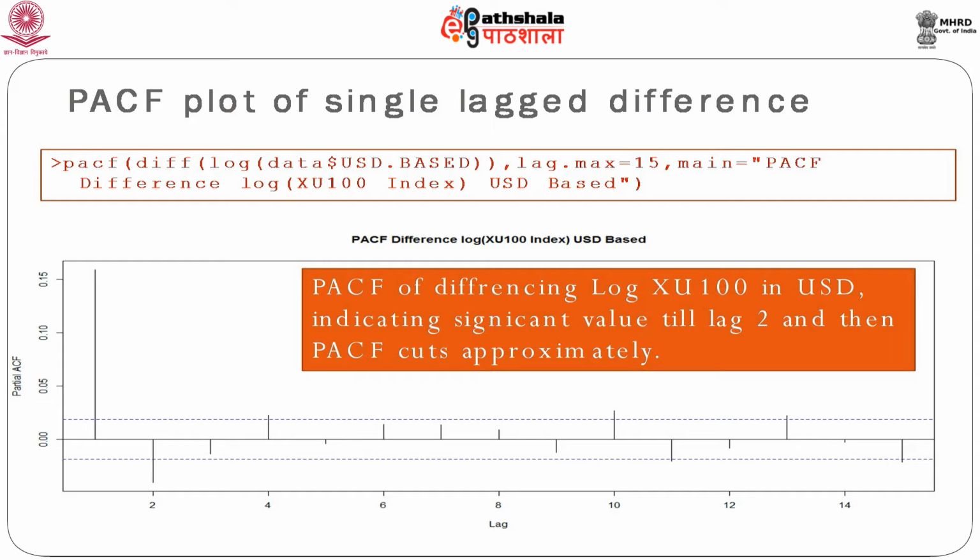As a whole, if you look at the model selection and just combine all the plots together, then you can easily guess that there is a moving average component, there is an AR component, and there is a differencing component. So it is actually an autoregressive integrated moving average model.